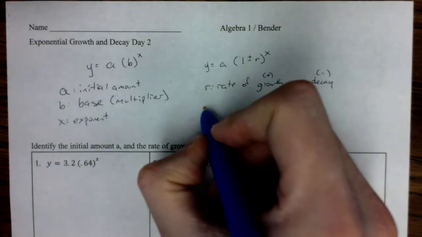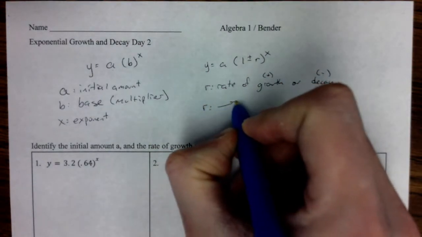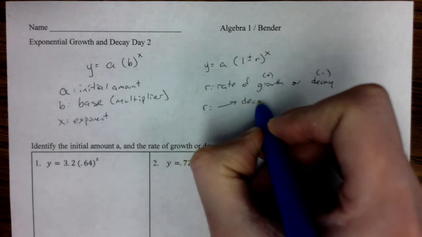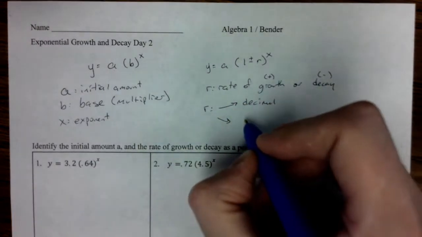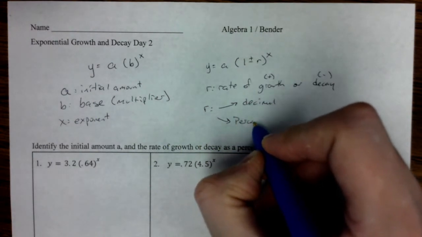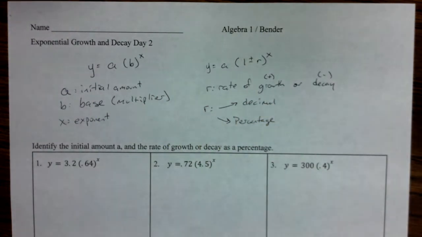And R can be expressed as a decimal, but more frequently as a percentage. Now we need to recall how to convert between decimal and percentage, going back and forth. We need to be fluent in both.